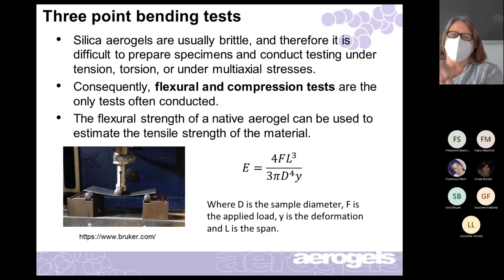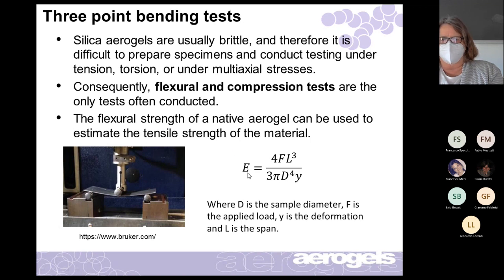Torsion, you're twisting it, and that's hard to do. So the main way to test these with the so-called static tests is by flexing them, or bending them, and compression tests. And so the flexural strength can be used to estimate the tensile strength of a material. Again, that's back to the Young's modulus.